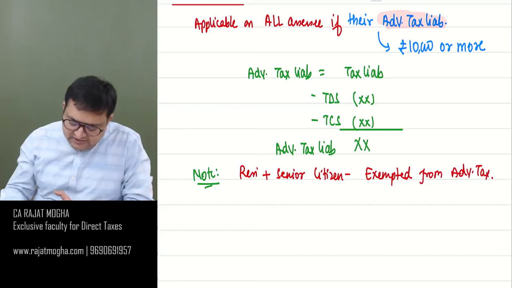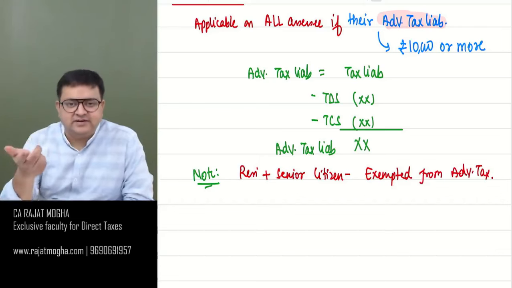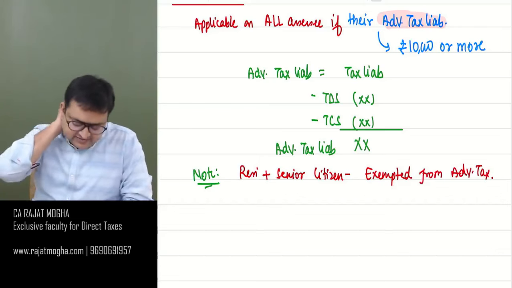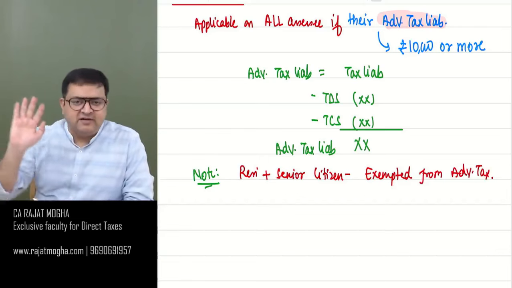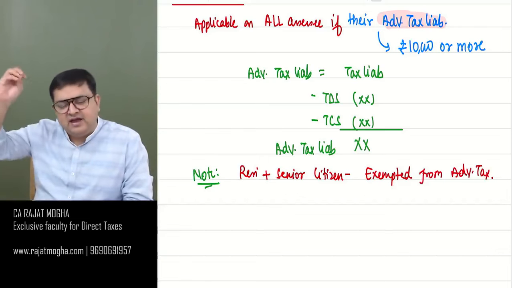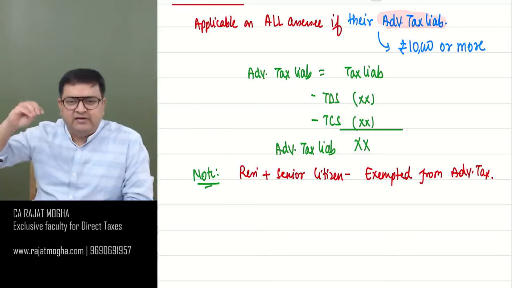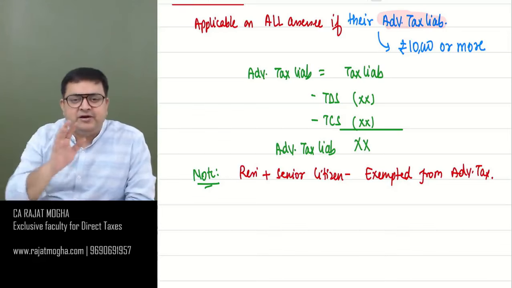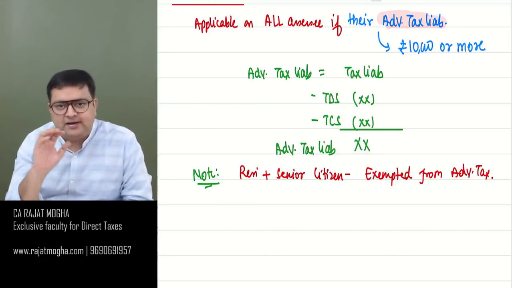If you are a resident senior citizen, then no need to follow advance tax. Just pay your tax once the year is over while filing your return. No need to pay your advance taxes. Correct?